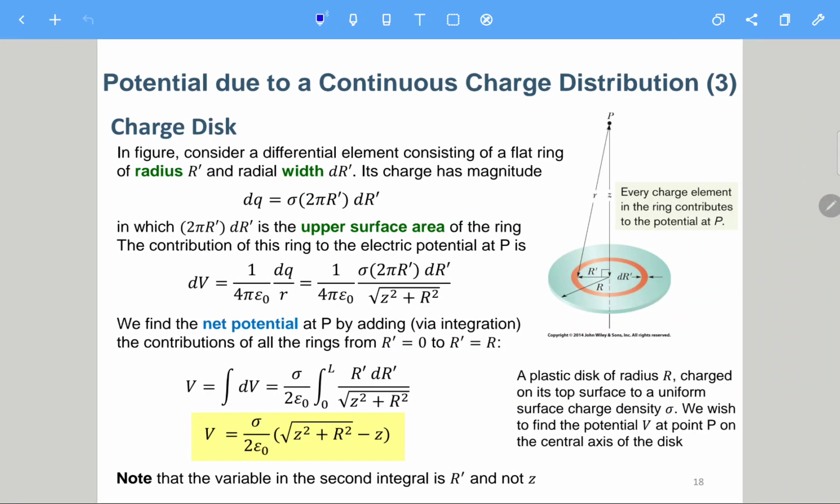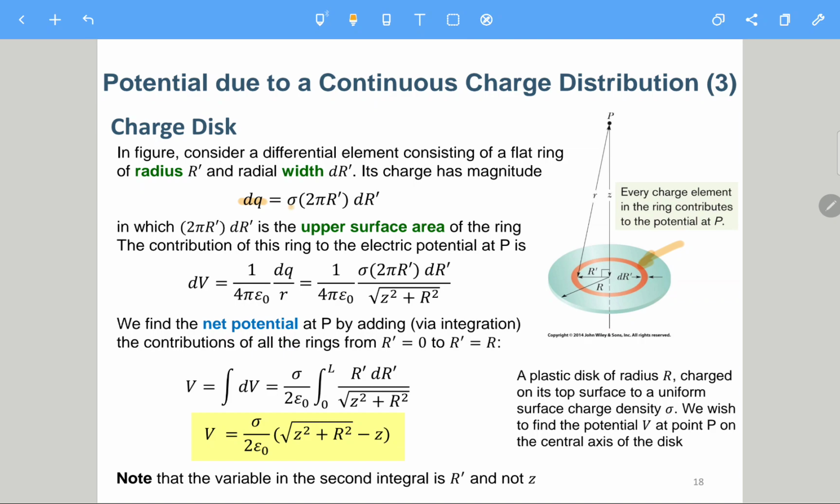So next we consider the potential due to a continuous charge disk. So here we have dq on this orange ring, which is 2 pi r prime dr prime times sigma.